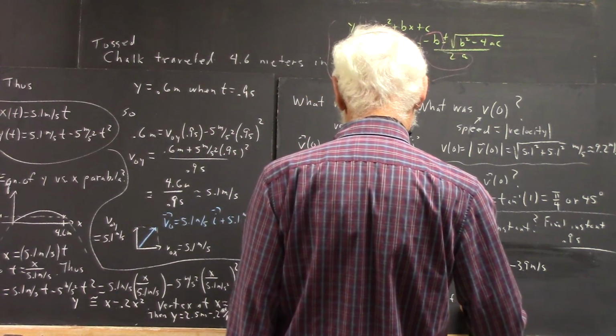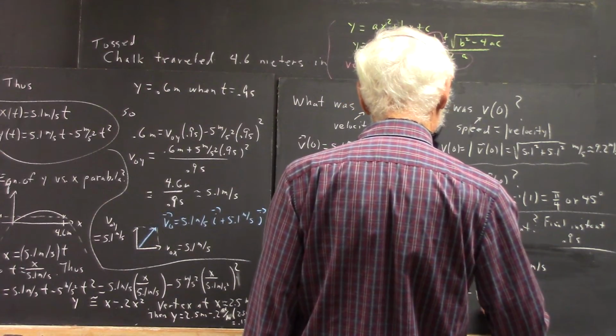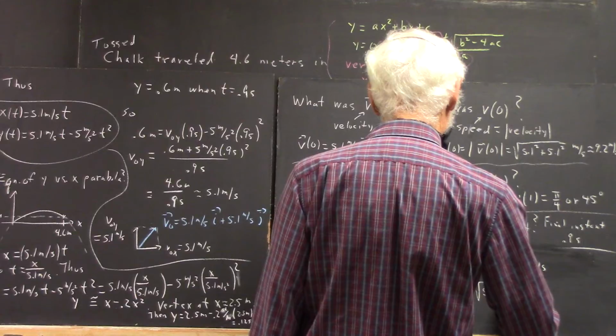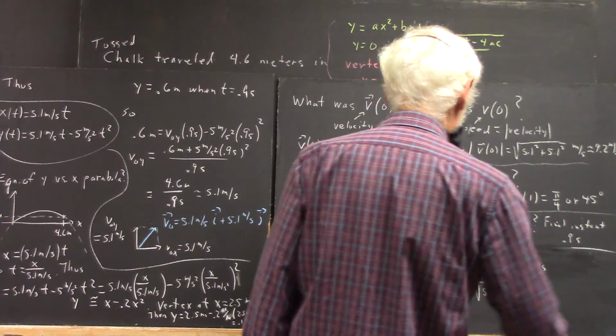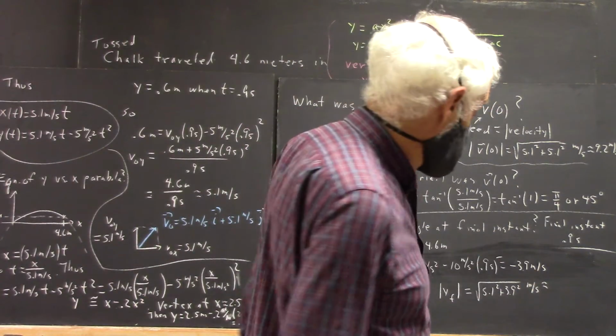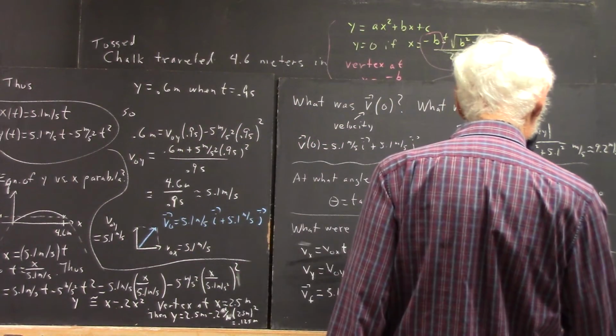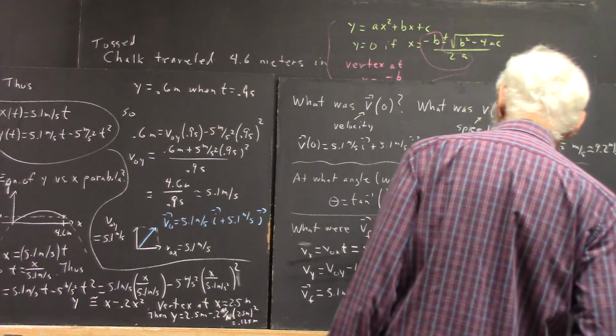Magnitude of VF is this. That's about 25 and 16, 41, which is about 6 point, square root being about 6.5 meters per second.